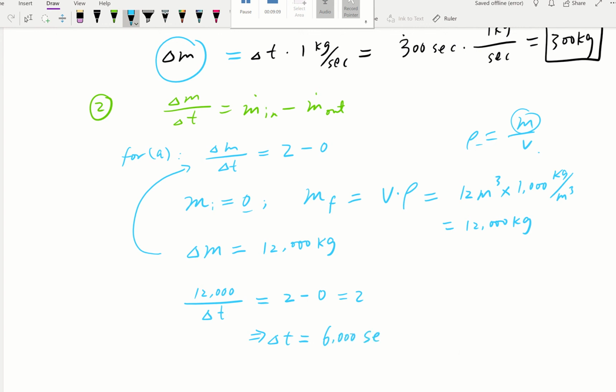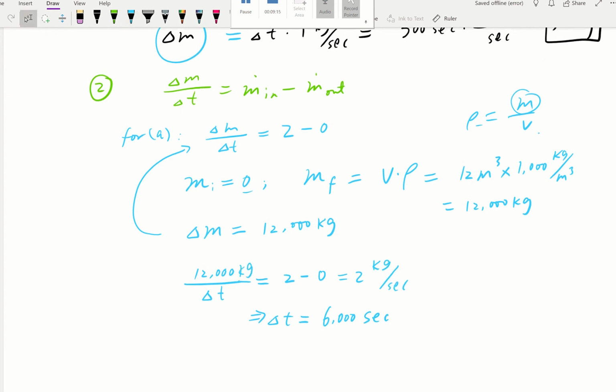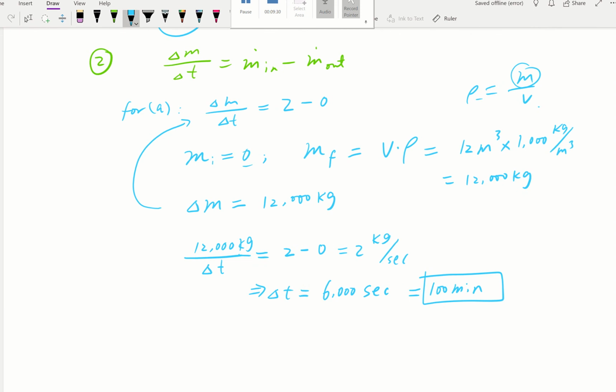Seconds, because this is 2 kilograms per second and this is kilograms, so delta t will be in seconds. And that means it's exactly 100 minutes, right? Okay, so that's for scenario A.